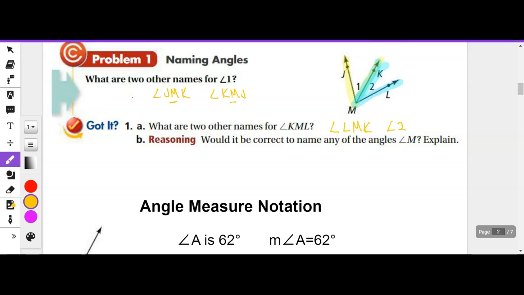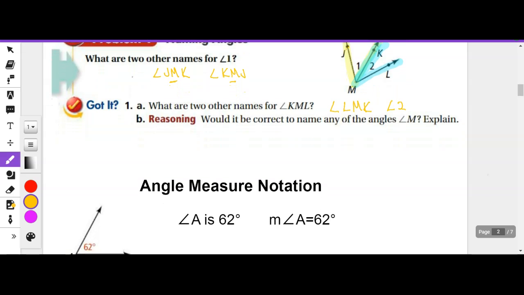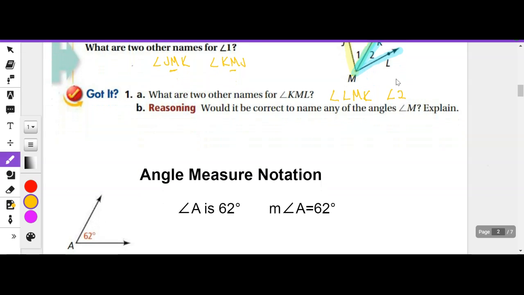So would it be correct to name any of the angles angle M? No, it would not, because you don't know which of the 3 angles located here it would belong to. Angle M could be JML, angle M could be JMK, angle M could be KML. So M would not work.